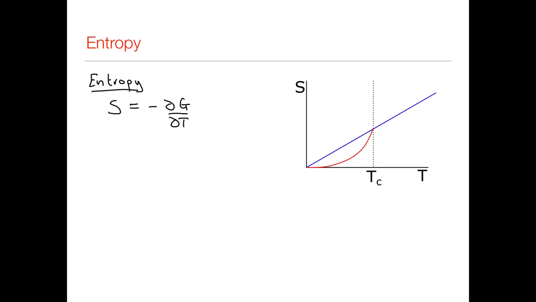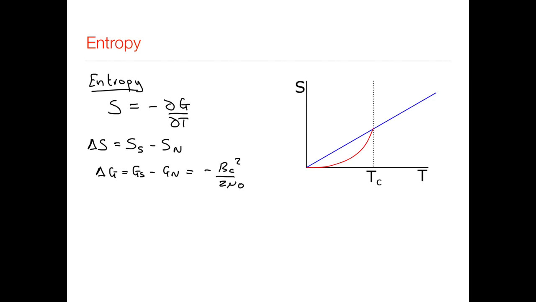So what we would like to define is the change in entropy, which would be the difference between the superconducting state minus the normal state. Okay, but we know that the change in Gibbs energy, so delta G, which was equal to GS minus GN from the previous slides, is minus BC squared over 2 mu naught.